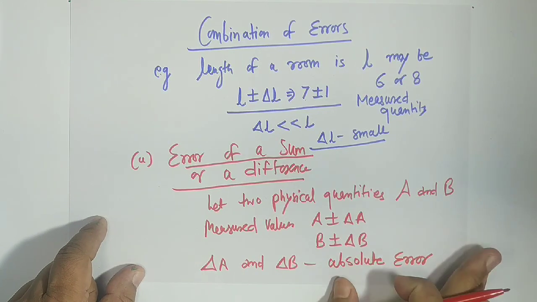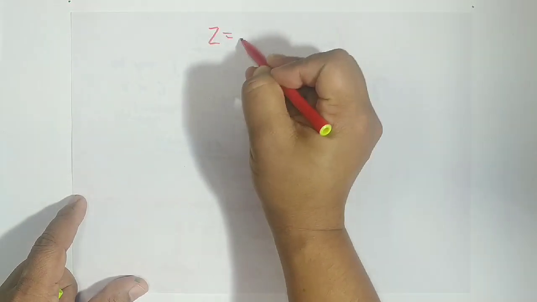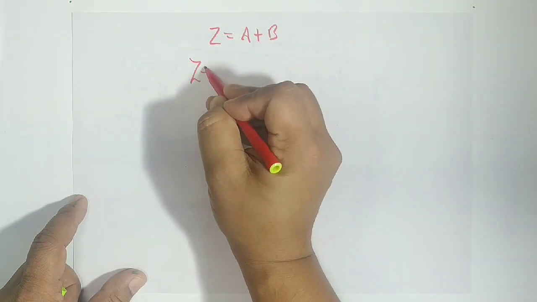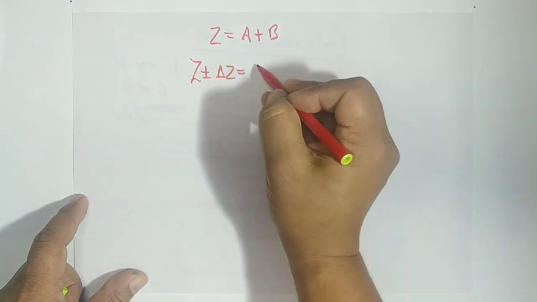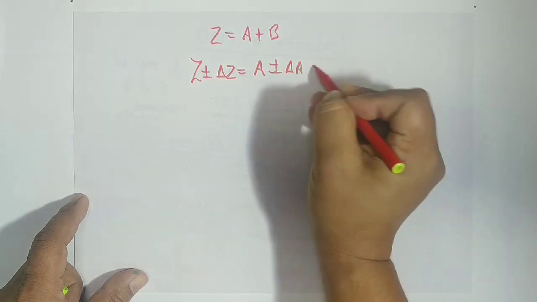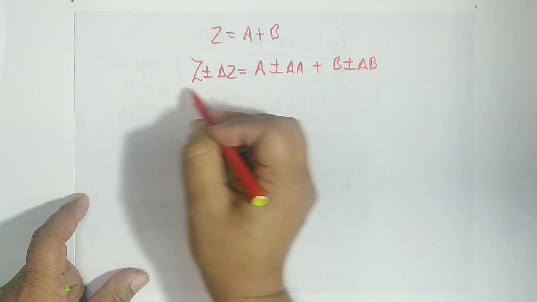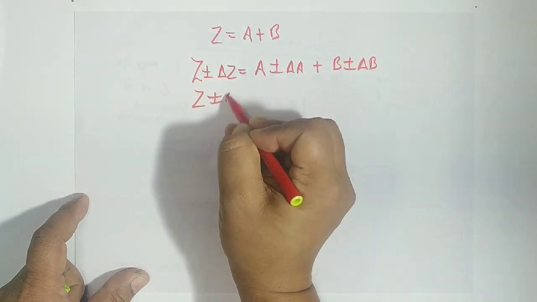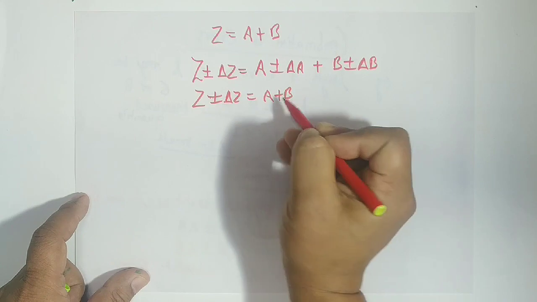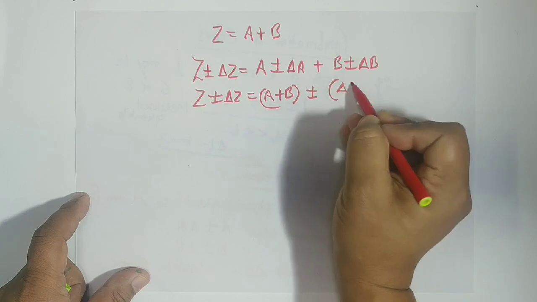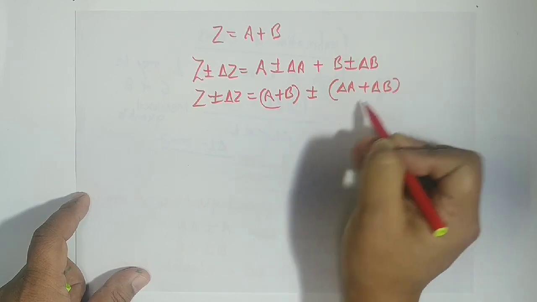Now how do they behave when we sum them? So if I write Z equal to A plus B, then in place of Z I will write Z plus minus delta Z, which equals A plus minus delta A, and B plus minus delta B. Then I can write it like this: A plus B, the true value, will add in one, and then plus delta A plus delta B. The error value will add in one.